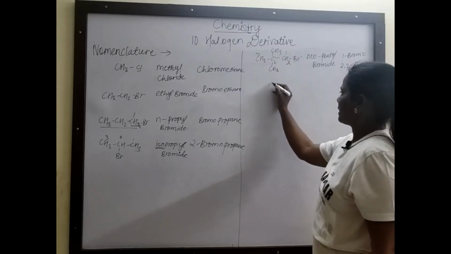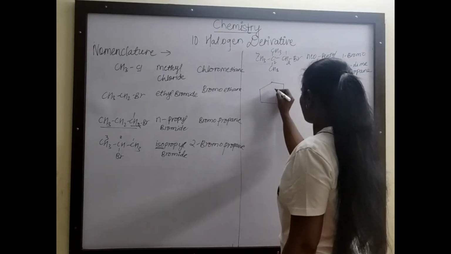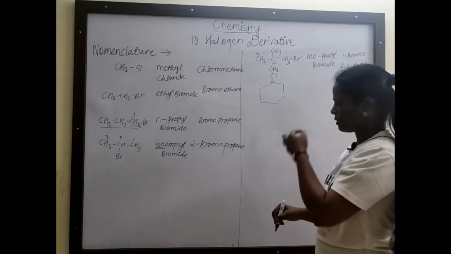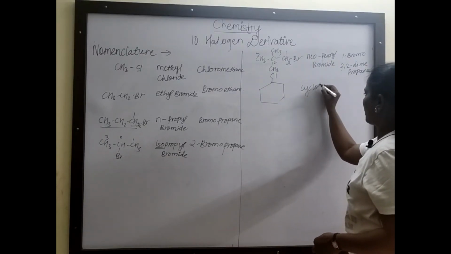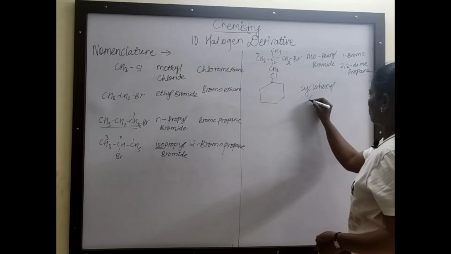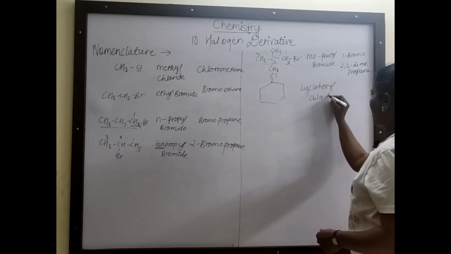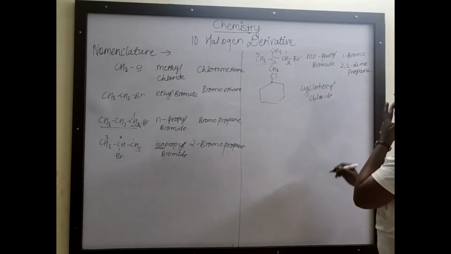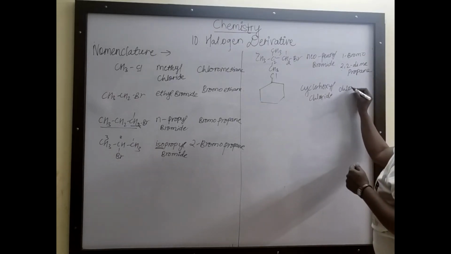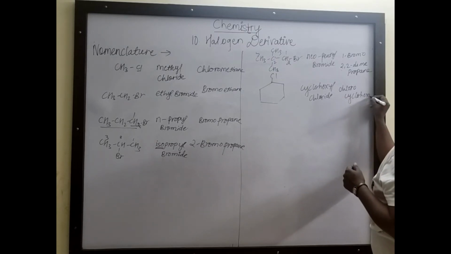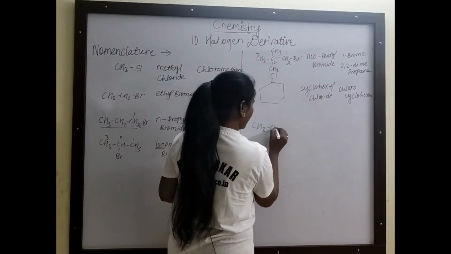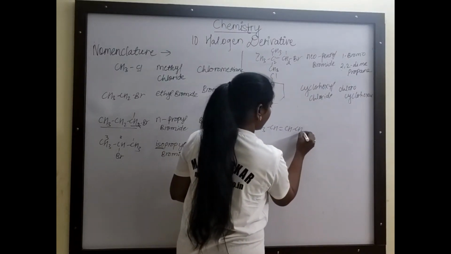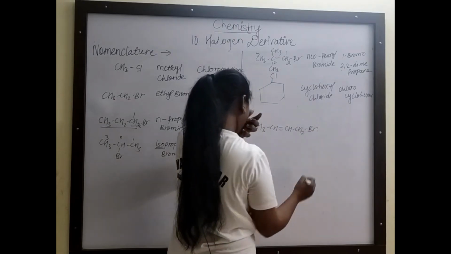One example we will take of a cyclic structure. This is what? Chlorine. So it is named cyclohexyl chloride, common name, and the IUPAC name of this one is chlorocyclohexane. Suppose CH3, CH, double bond, CH, CH2, and this will be the bromine.